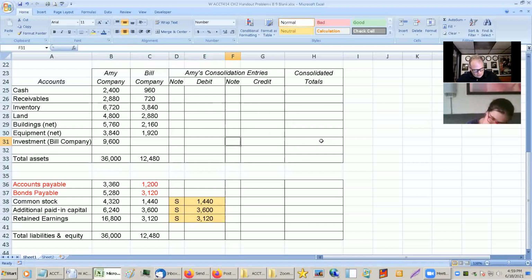All right. So we are going to take that out of the investment. So this investment will have a debit balance.